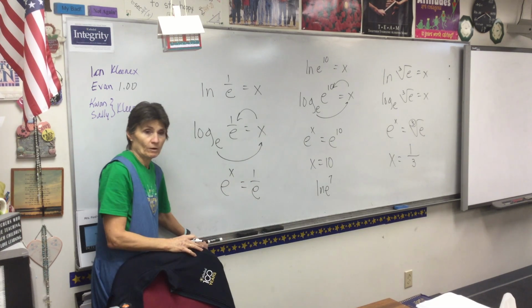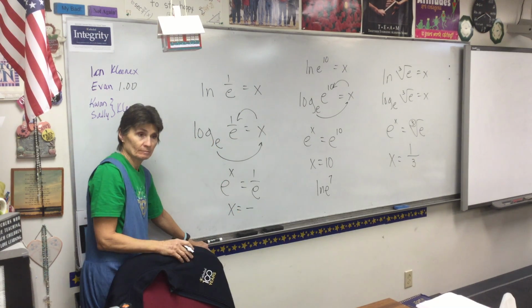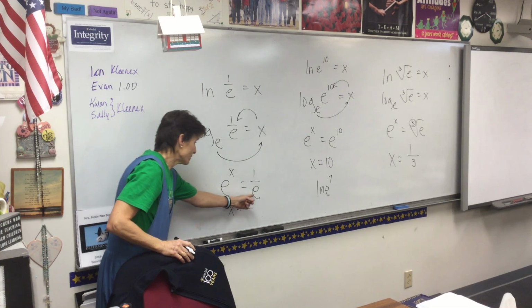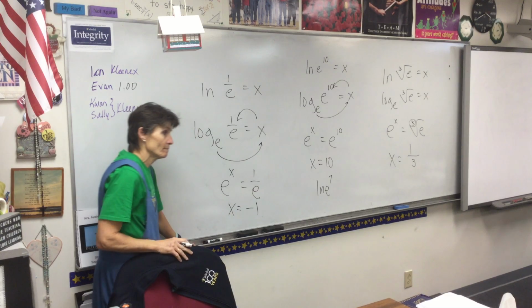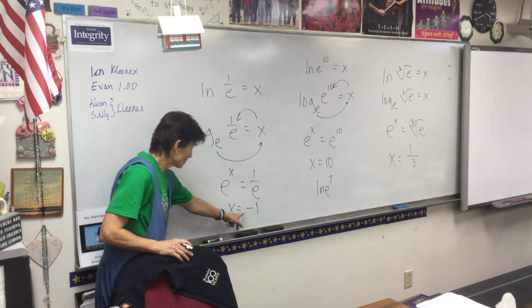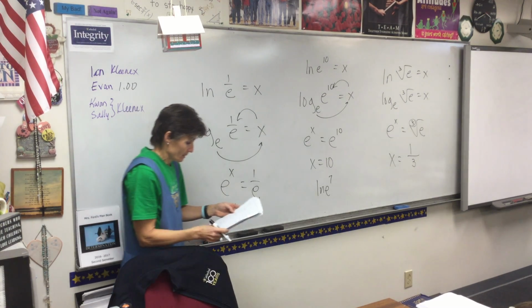Now that's a 1 over. That tells me my exponent's going to be negative, right? And since that's an e and that's just a plain e, I guess it's going to be negative 1. And the answer to the problem then is negative 1.